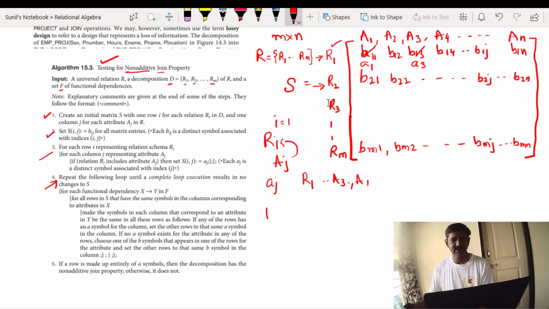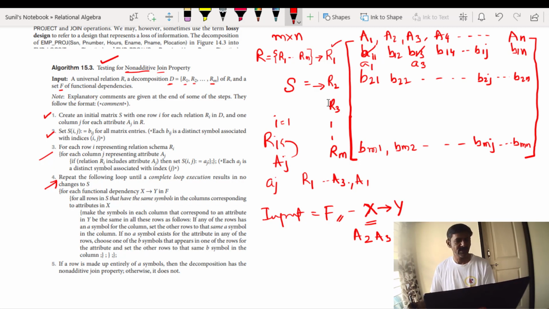Remember, we are given as input the functional dependency set also, which contains functional dependencies of the form X to Y. Now for all rows in S that have the same symbols in the corresponding attributes of X, what you have to do is take each functional dependency of the form X to Y, and X may contain some attributes, let's say A2 and A3, and Y could be A5 or something.